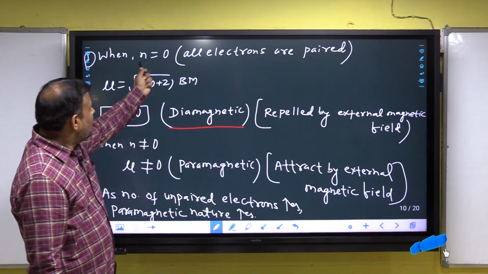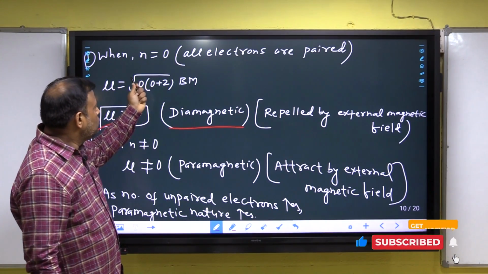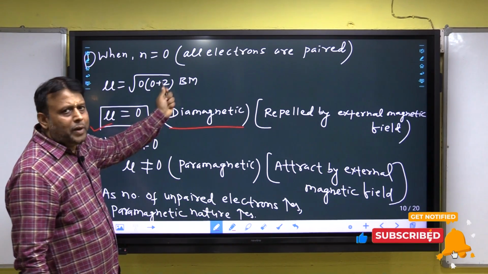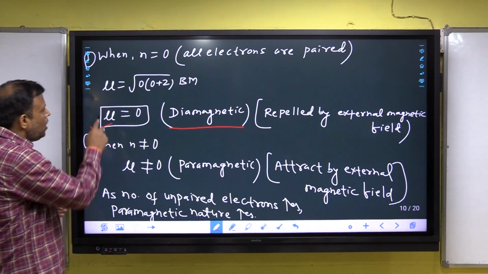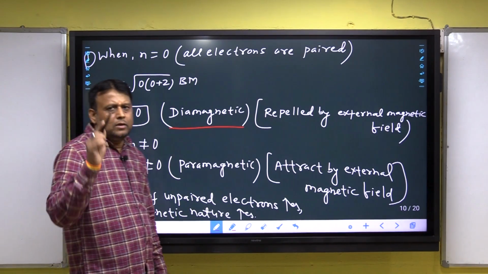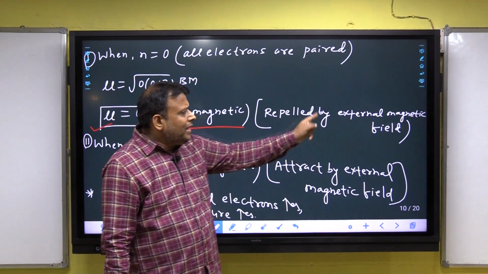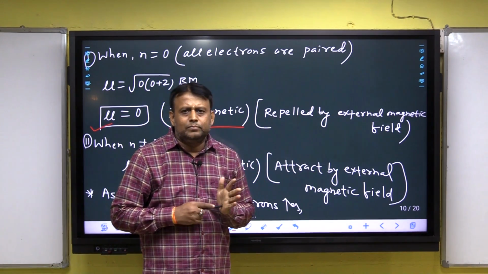When the number of unpaired electrons is 0, all are paired, mu equals root under 0 into 0 plus 2 BM, mu is equal to 0, diamagnetic.